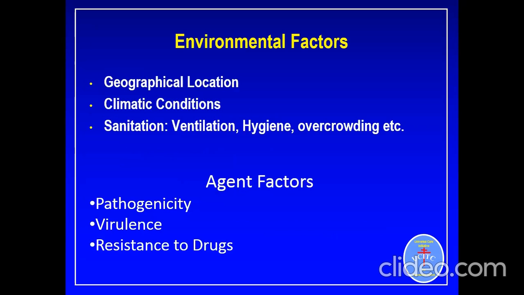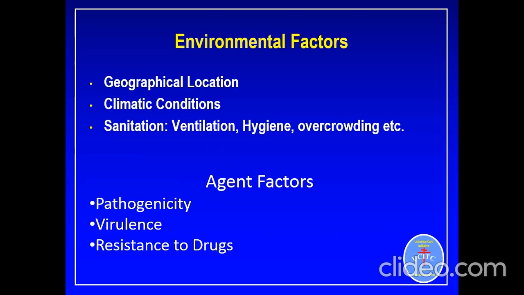Some of the environmental factors which play a role are the geographical locations. Certain locations are seen to have less prevalence and incidence of tuberculosis. Climatic conditions also affect the acquisition of infection as well as progression of disease.